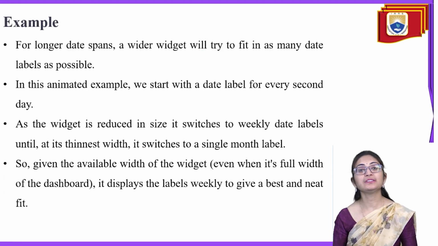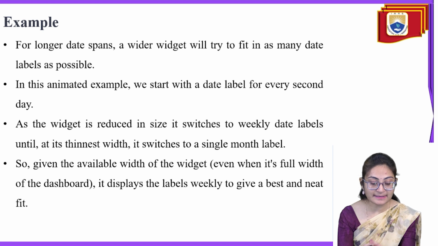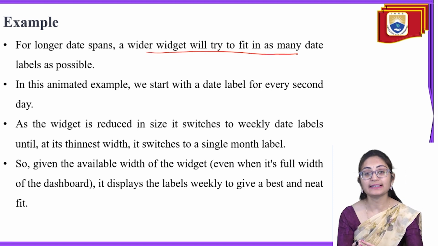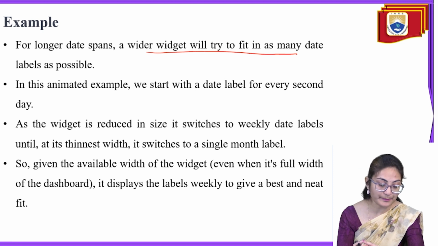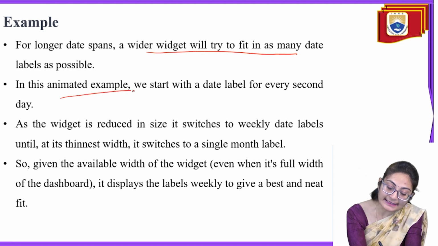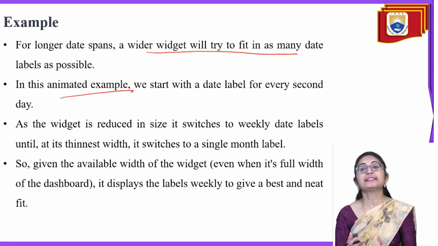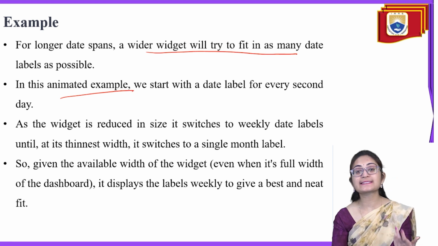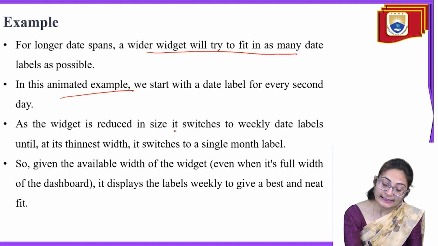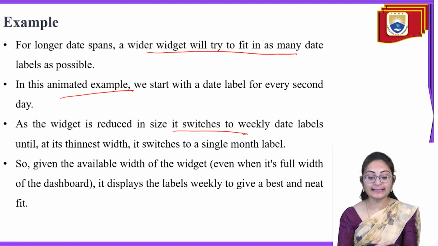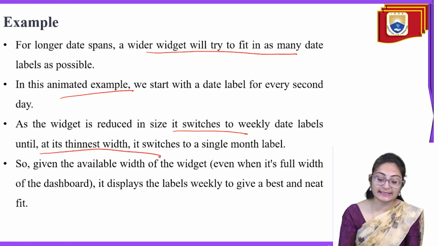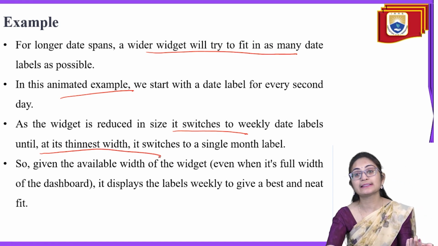Now, for example, for longer date spans, a wider widget will try to fit in as many date labels as possible. In this animated example, we start with a date label for every second day. As the widget size is reduced, it switches to fewer date labels until at its narrowest width, it switches to a single month label.